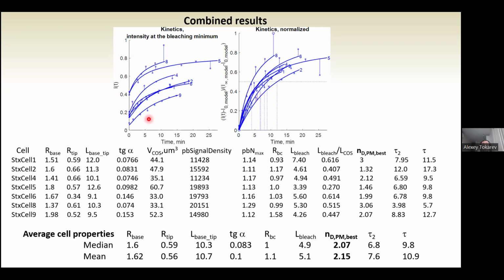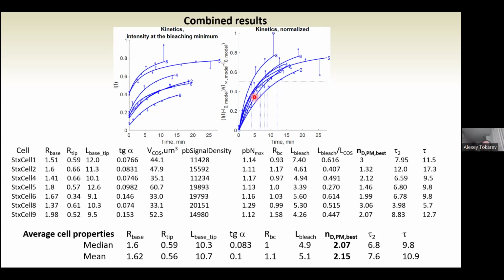The problem is that we cannot obtain the infinity condition in experiment, but in the model we can. Okay, so we normalize to the initial condition here and to infinity in experiment, and the spread between different cells becomes much less.